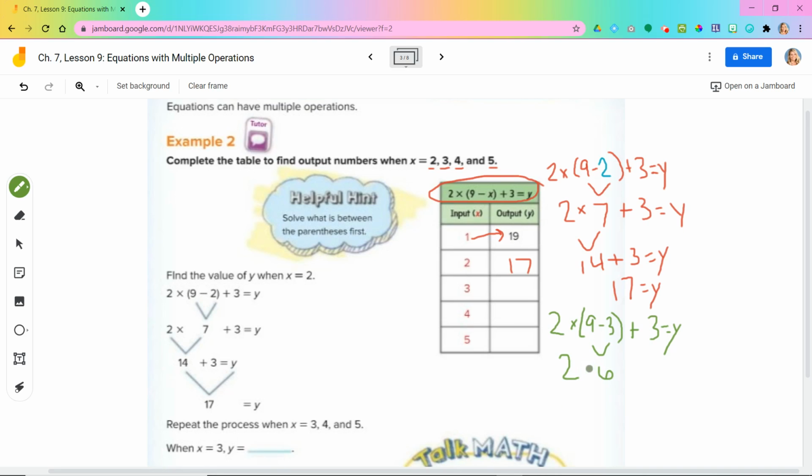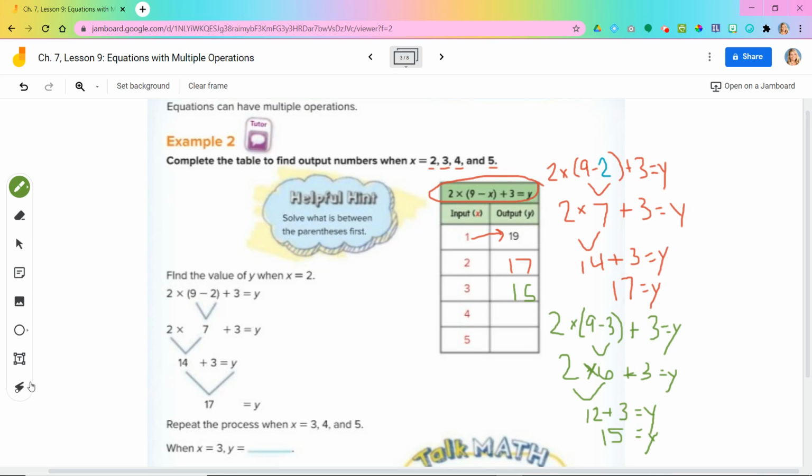I get 6. 2 times 6 plus 3 equals y. All right, so I see now that I have to multiply first. Here, I get 12 plus 3 equals y. So when x is 3, y is 15.